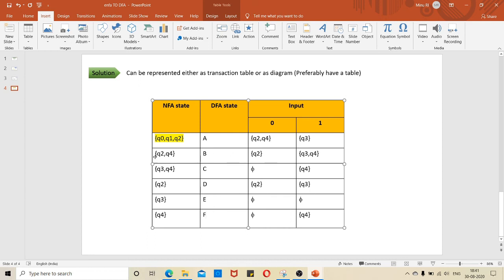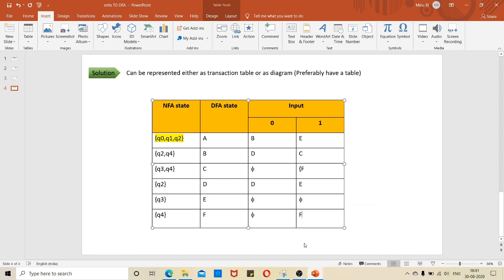Q2, Q4 means here it is B. Q3 is actually E. Q2 is D. And Q3, Q4 is C here. Q4 is F. Q2 is D. Q3 is E. And Q4 is F.